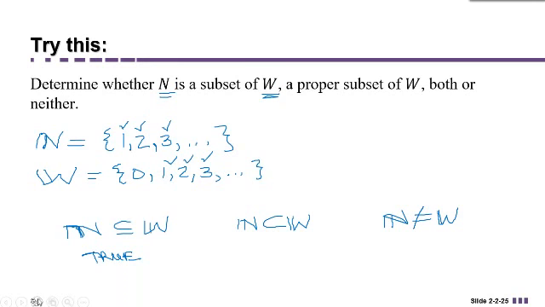So because we have the number 0 there, that's in the whole numbers but not in the natural numbers, then we know that the two sets cannot be equal. And if they're not equal, then it is true to say that it is a proper subset. It's true that it's a subset, but it's also true that it's a proper subset.